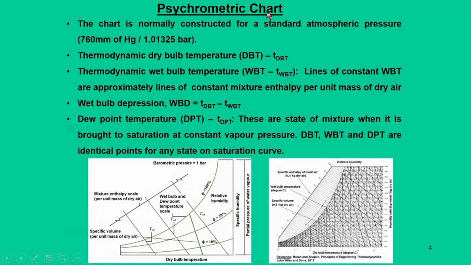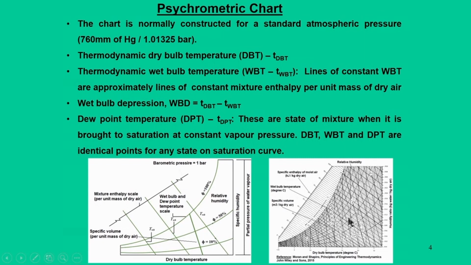While dealing with these calculations, we also introduced a chart which we call the psychrometric chart. In fact, this psychrometric chart is the backbone of air conditioning systems, because this particular chart gives all the information required for moist air in common applications.